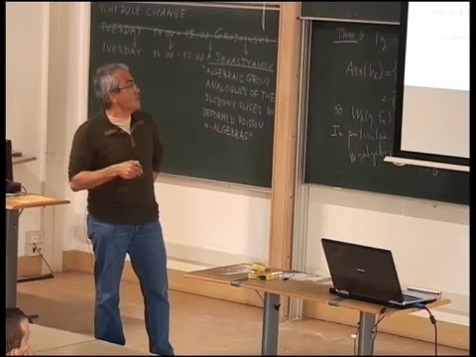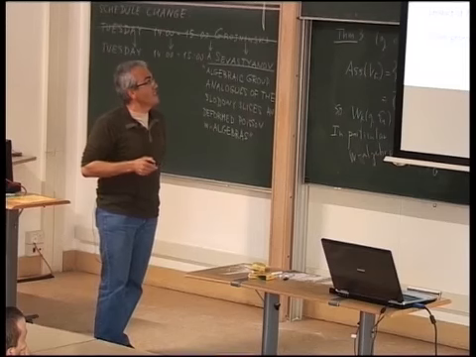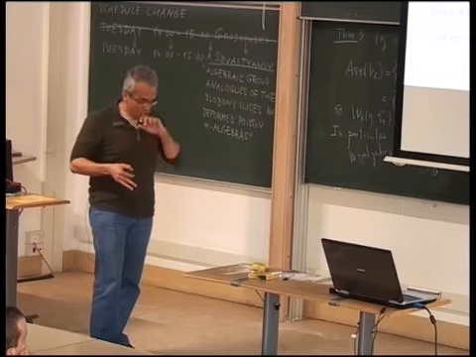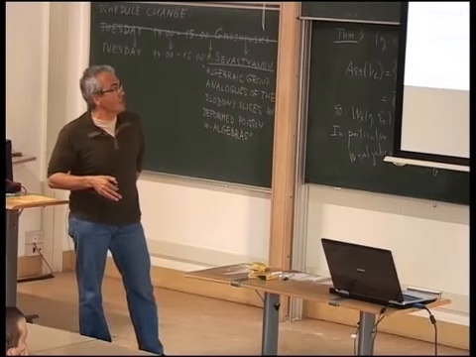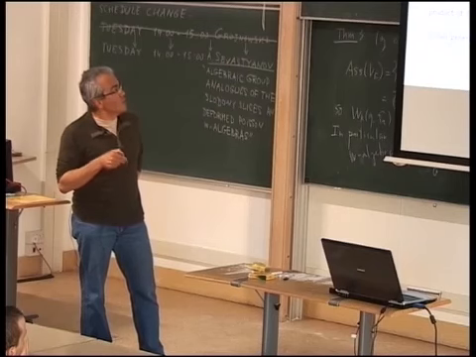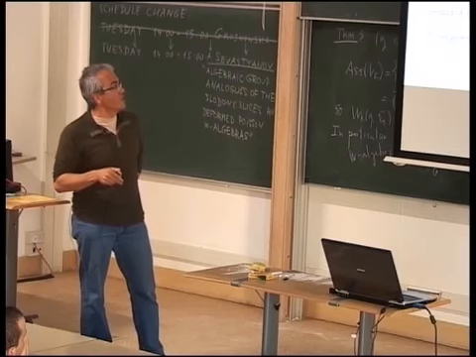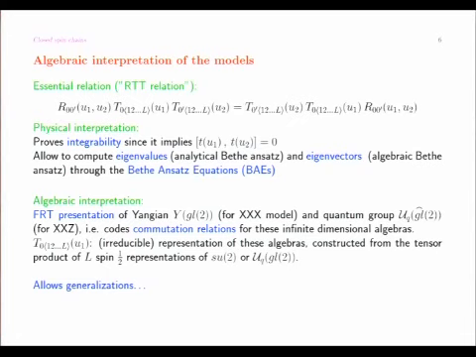So, of course, this presentation, these RTT relations, codes the commutation relations for these algebras. And in fact, the monodromy matrix associated to the spin chain is just a representation of this algebra constructed from the tensor product of L spin 1/2 representations of SU2 or U_q GL2 when you deal with XXX.